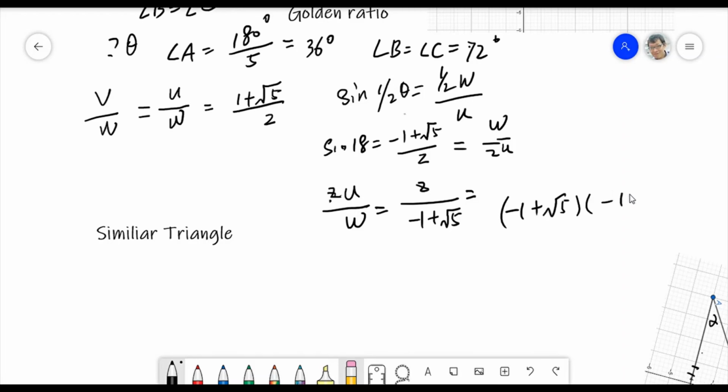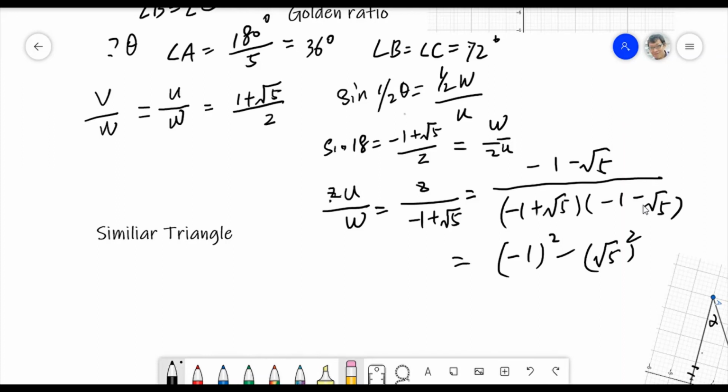For the denominator, -1 squared is 1, square root of 5 squared is 5, so 1 minus 5 is -4.